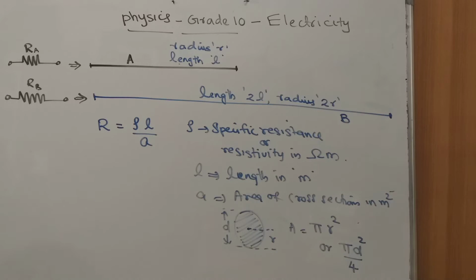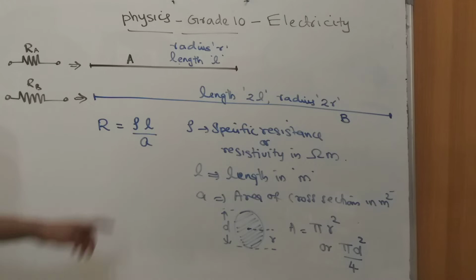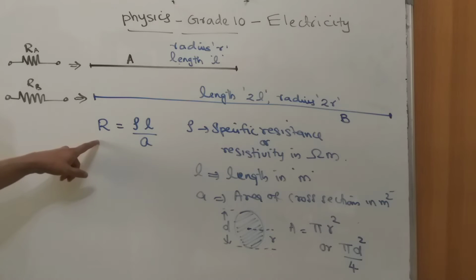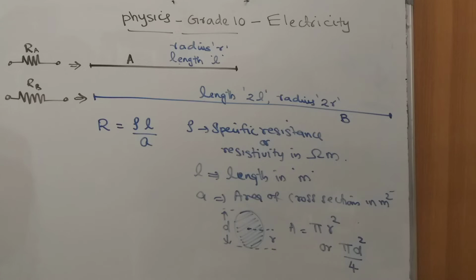As you have studied in the theory, we know that the resistance of a material is calculated by the equation R = rho L divided by A, where R is the resistance of the material in ohm, rho is the specific resistance or the resistivity in ohm meter, L is the length in meter, and A is the area of cross section.